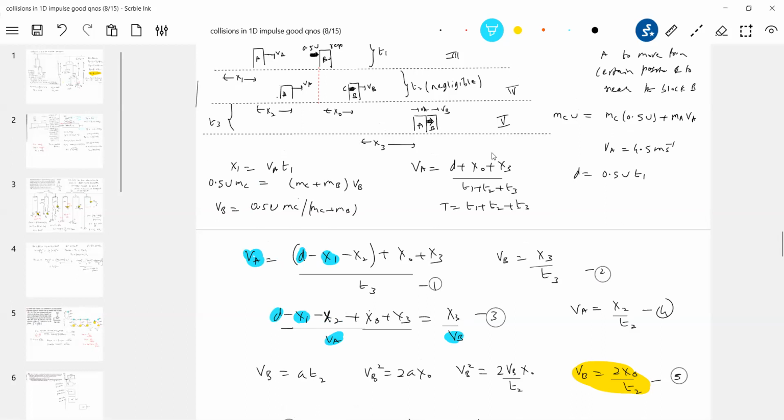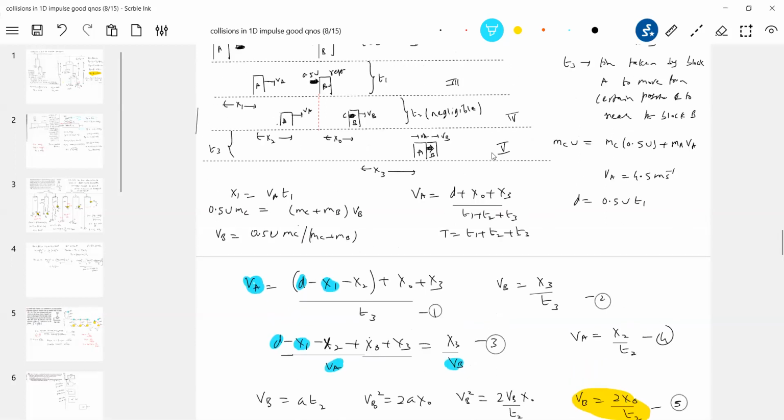Relative motion between block A and B, I'll take help of VA minus VB. Relative motion between the block A and B, I'll discuss. From where to where? From this position. From the fourth and the fifth diagram, I'll describe the relative motion between block A and B. Any equations can you write from there?